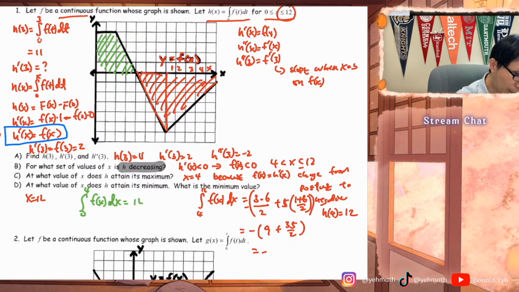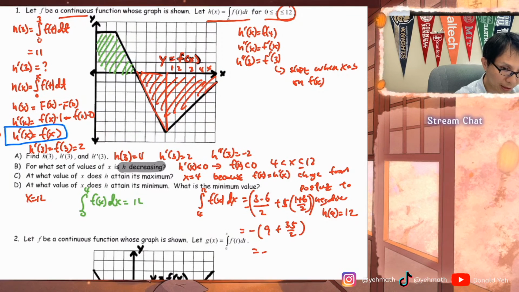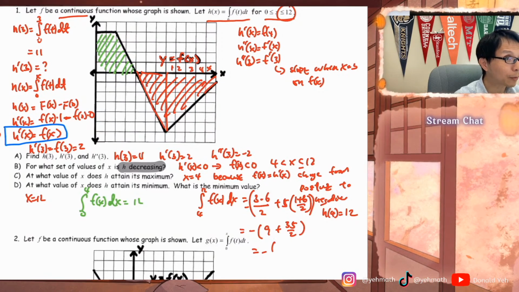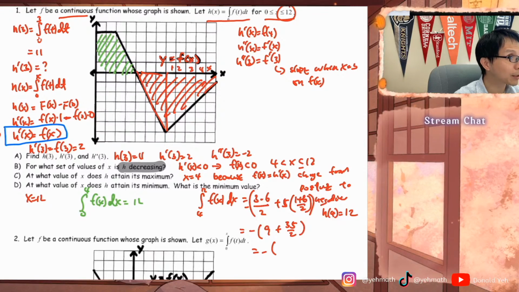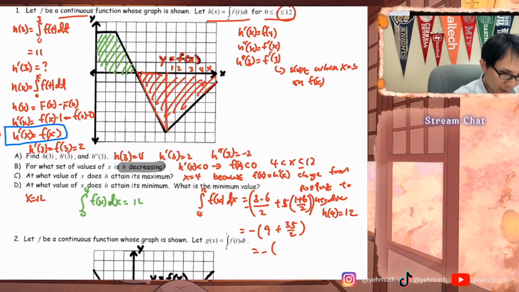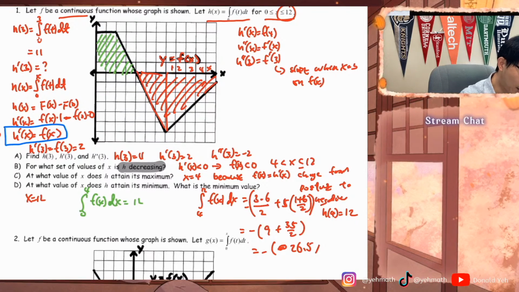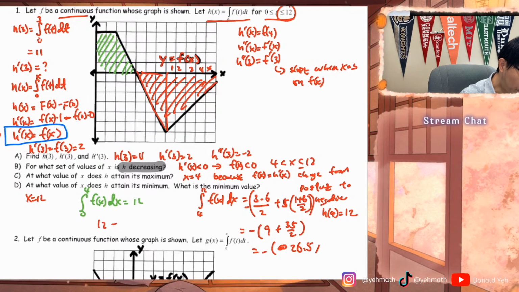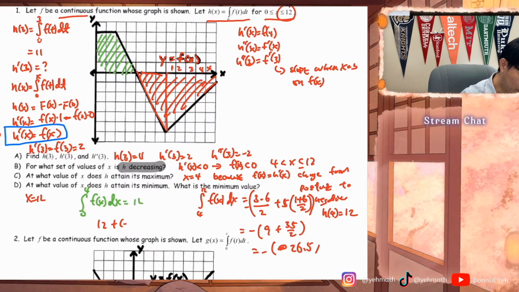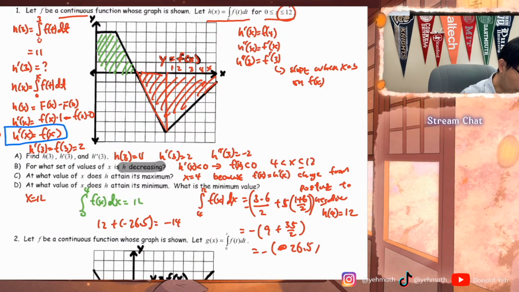So that's 17.5, I think. 9 plus 17.5 is 26.5. So then we add this to 12 plus negative 26.5. So it's equal to negative 14.5.